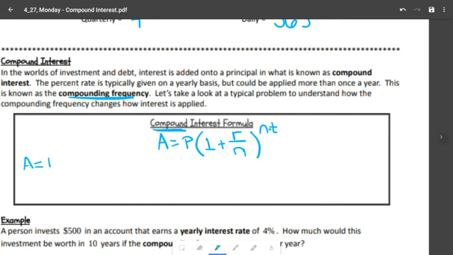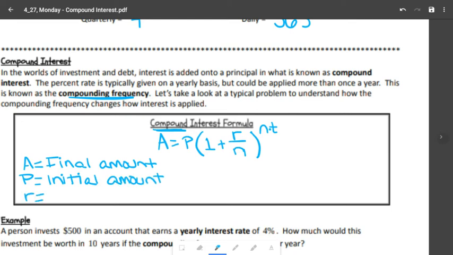Well, A, again, if you remember from last week, means the final amount that we are dealing with. P means the initial amount. R is the rate.